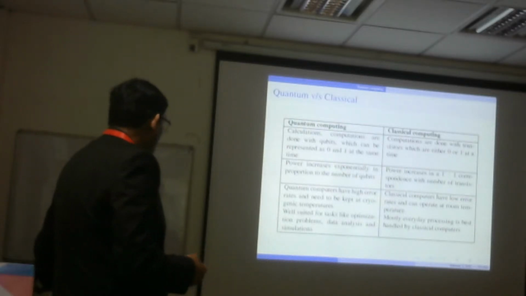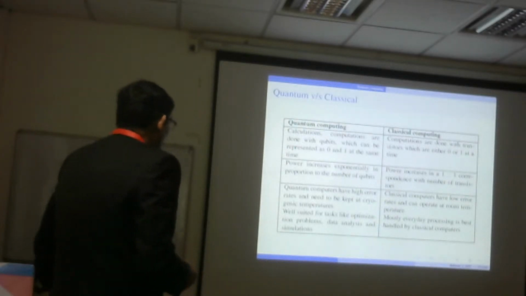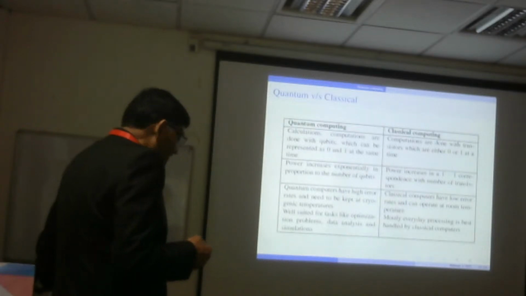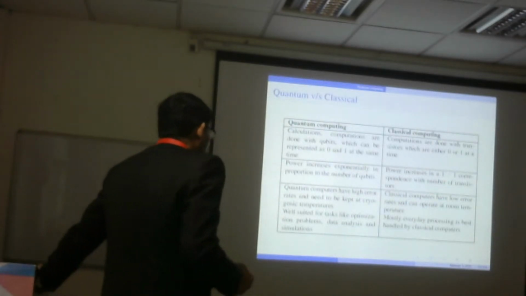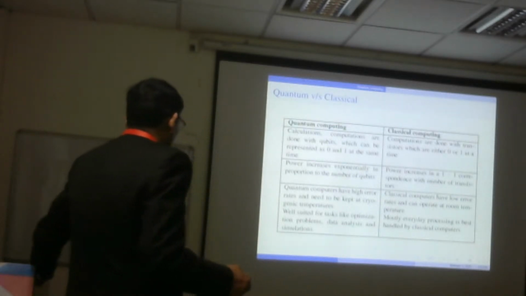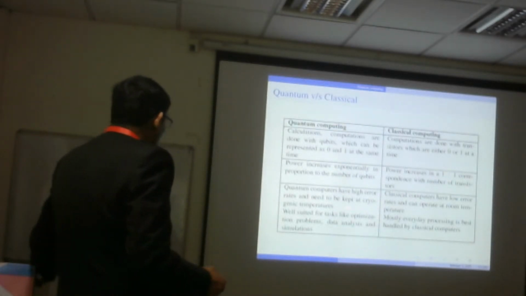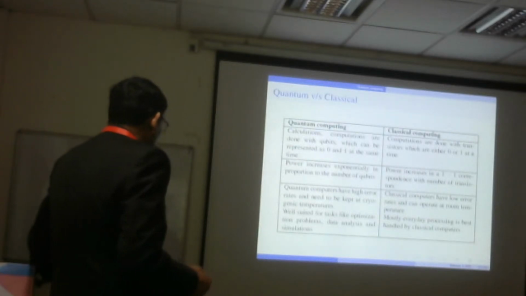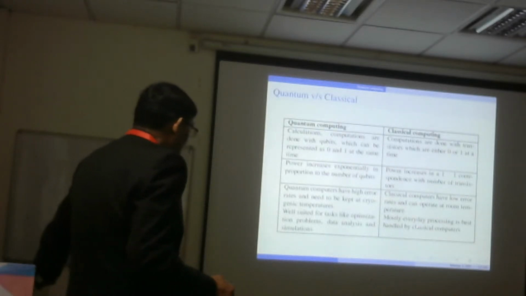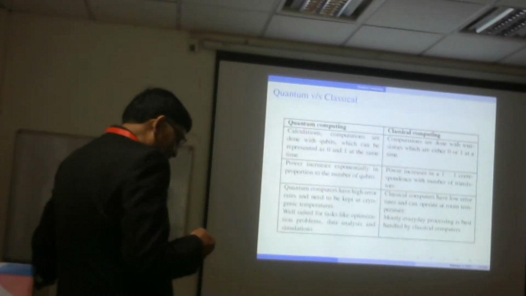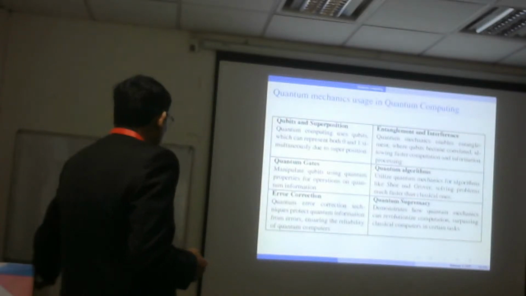So power increases exponentially with the number of qubits, but here the power increases linearly. The quantum computer has a high error rate and needs to be kept at cryogenic temperature, which is -273 degrees. The classical computer has a low error rate, so this is a certain advantage of the classical computer.